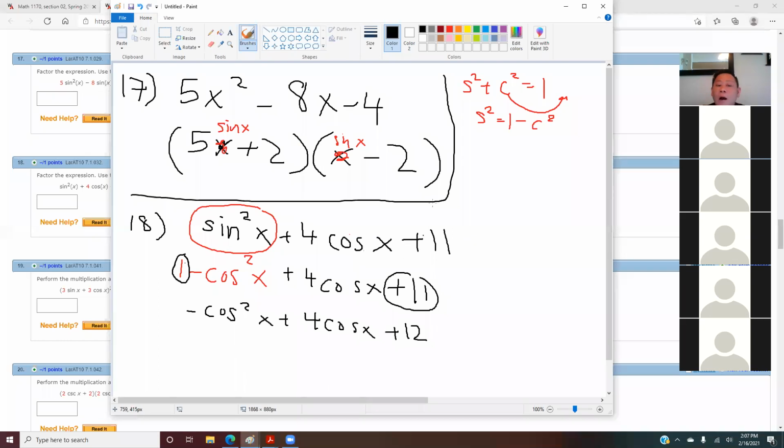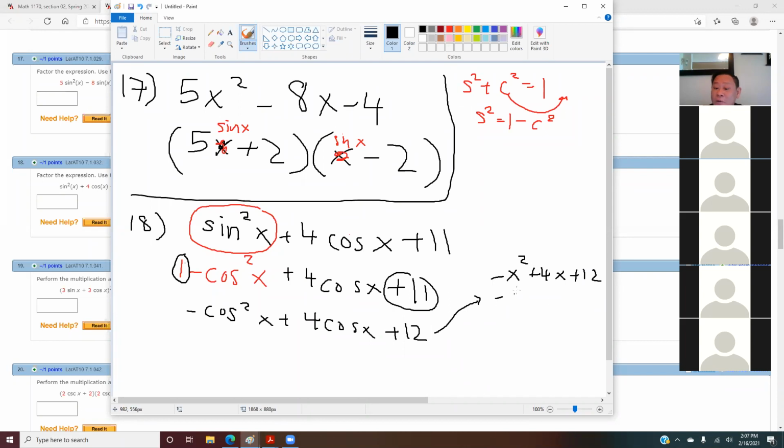Now, if you look at this, everything is in terms of cosine, so we can factor it. Does anyone know how to factor something that has a negative in front? So you got negative x squared plus 4x plus 12. You take the negative out, right?